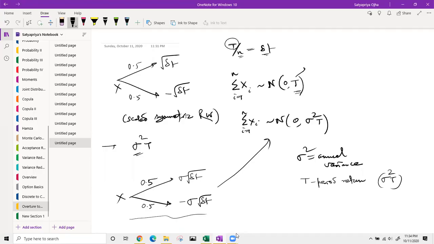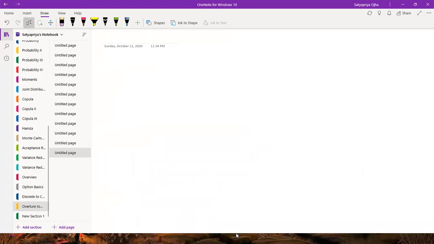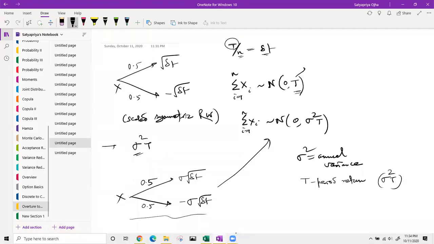All right. Now I want to add a little bit more richness. What is the deficiency of this model? The deficiency is this: no growth, zero growth. On an average, there is no growth. So I want to add some drift.